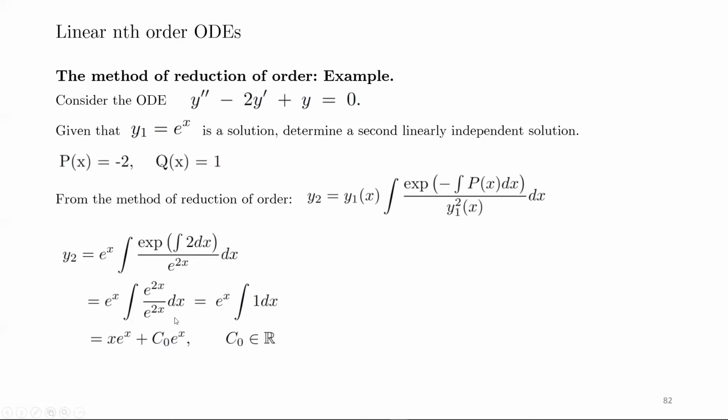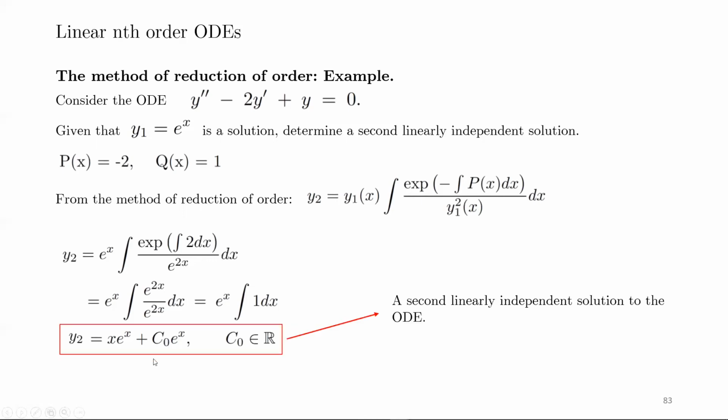So we do need that integration constant when we calculate our second solution y2. This is a second linearly independent solution to the ODE, and really this is true for any value of the integration constant. So maybe we don't need the integration constant because we can choose it to be any number, so let's just choose it to be 0.